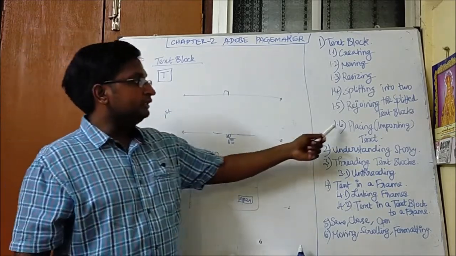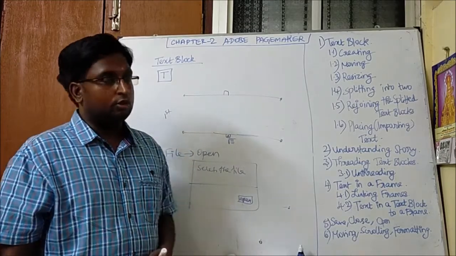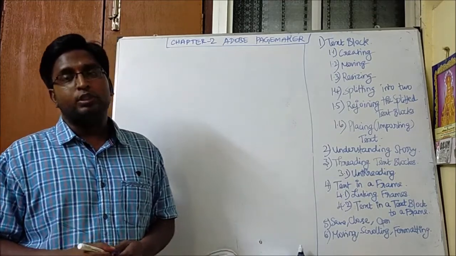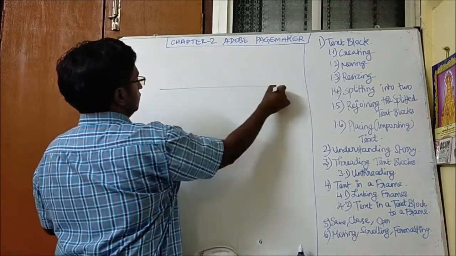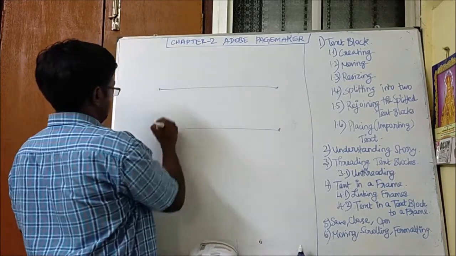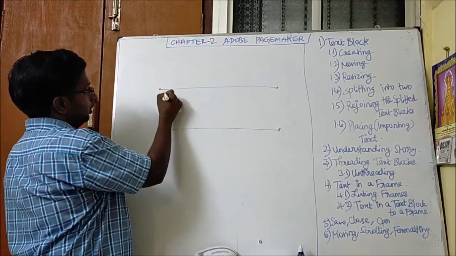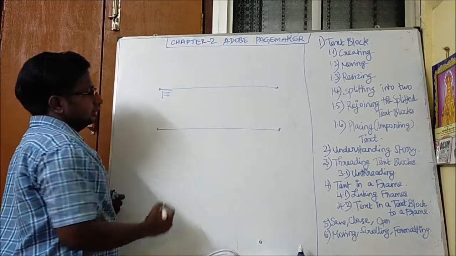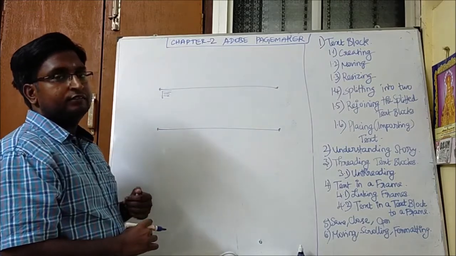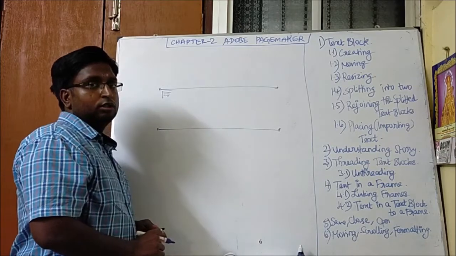So this is how you will be importing the text into the text block. You can also import the text manually. So how can you do it? With the loaded text icon, click at the left corner or wherever place you need, click and drag to have a text block.